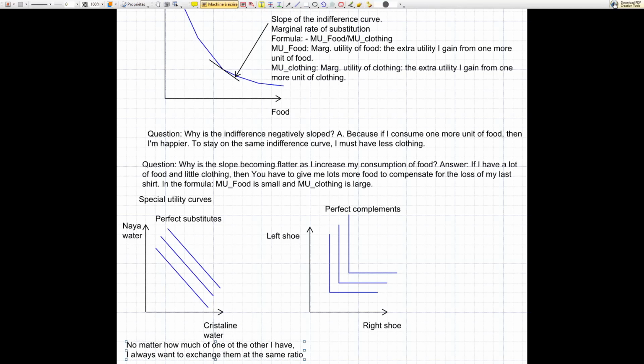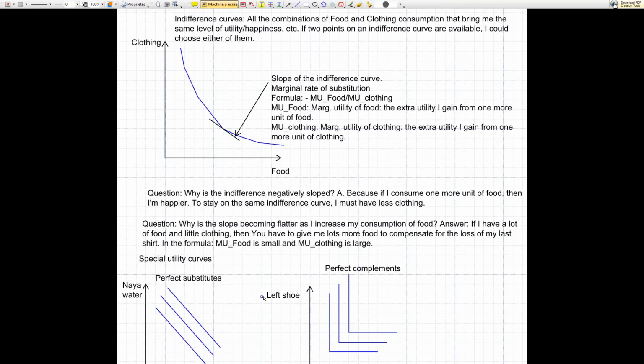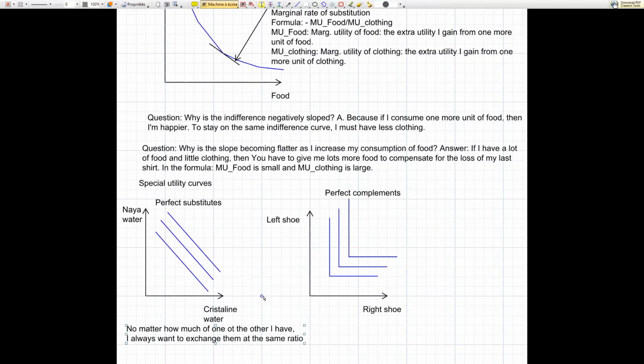I have a question. In the previous problems that we did, there was a pair, ketchup and French fries. Can we consider them as perfect complements? Yes, because the only thing you can do with the French fries is put ketchup on it. And if you give me extra French fries but no extra ketchup, then I'm not happy.